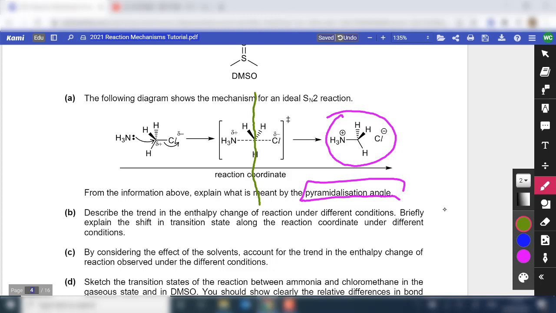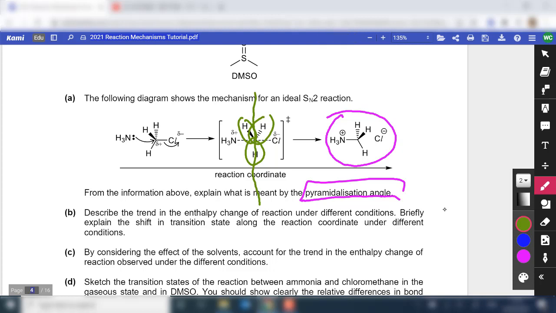Now if you look at this relative to any of these atoms, the H lies on the same plane. So if you look closely, the pyramidalization angle is probably the angle of the CH bond relative to the trigonal planar geometry in the transition state, in the middle portion.